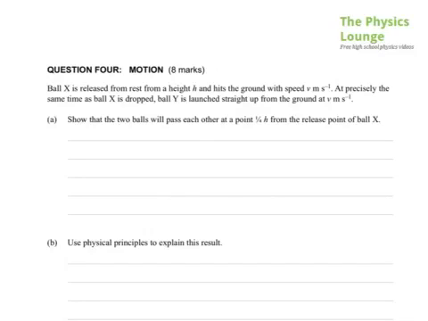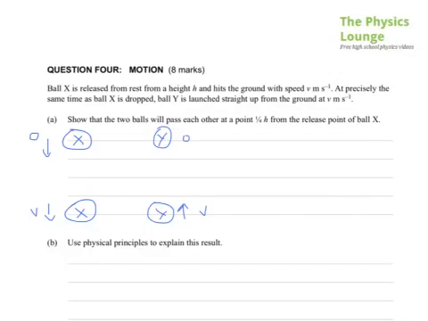Straight away, before even looking at the questions, we've got a bit of a setup we should draw. We've got ball X that's dropping down, and it hits the ground at a velocity of v meters per second, starts with 0, and we've got another one which is ball Y, which is launched up from the ground at velocity v and hits the top at 0 velocity.